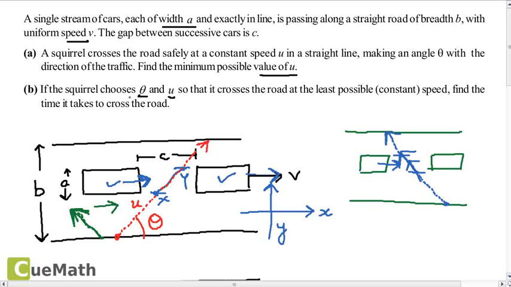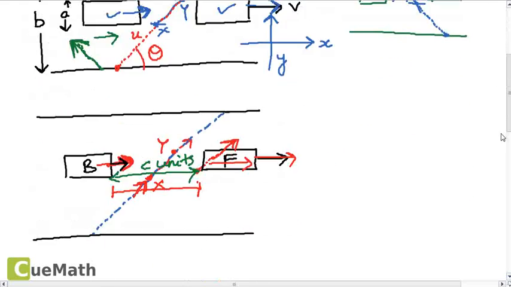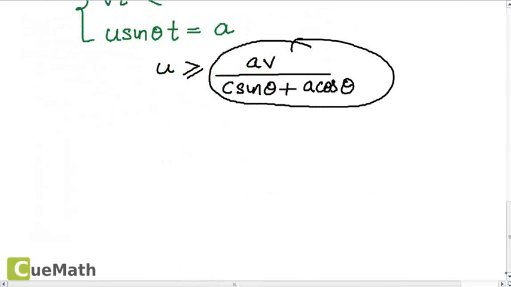Now the second part says that if the squirrel chooses theta and u so that it crosses the road at the least possible speed, then find the time it takes to cross the road. So we come back and we now have to make use of this result that we've obtained.